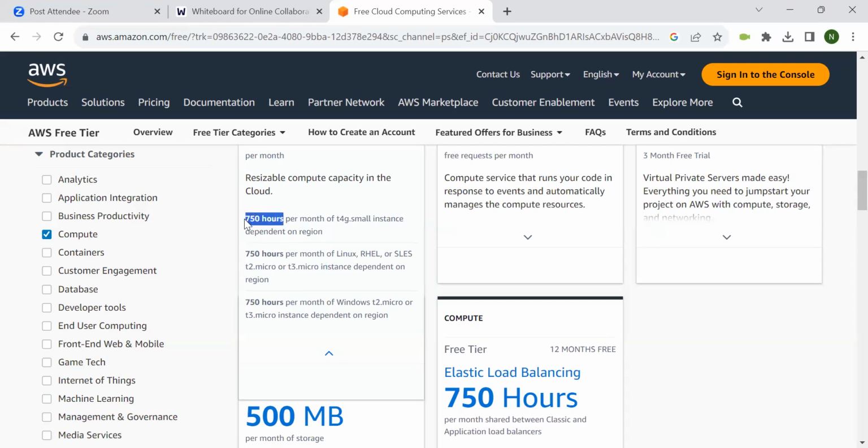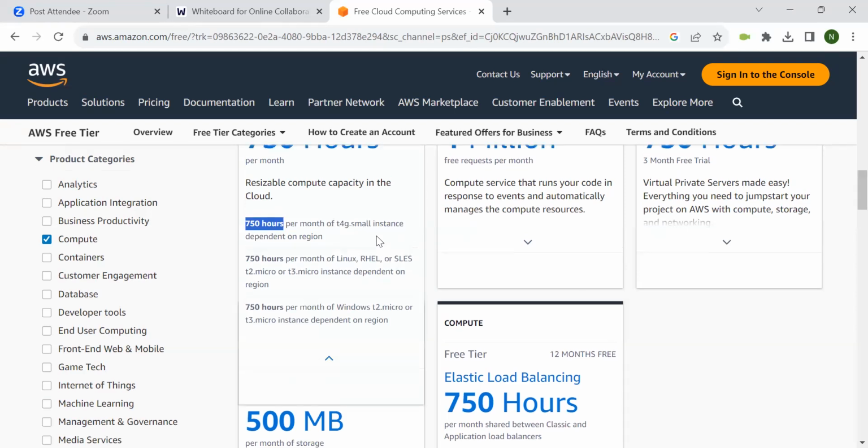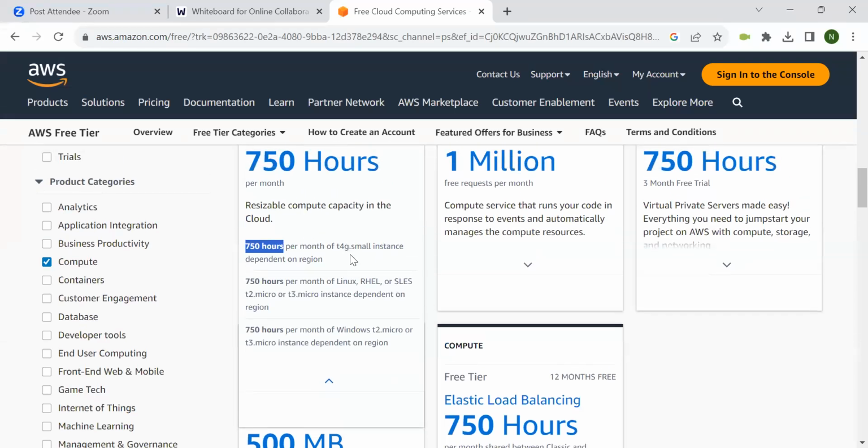Why? Because when you are launching or using any of the AWS services from a particular region, the cost will be different. For example, if you launch an EC2 in the Ohio region, US East 1 region, the cost is $0.5, and if you launch the same EC2 instance in the US East 2 region, the cost could be 0.75, or the cost could be less also.